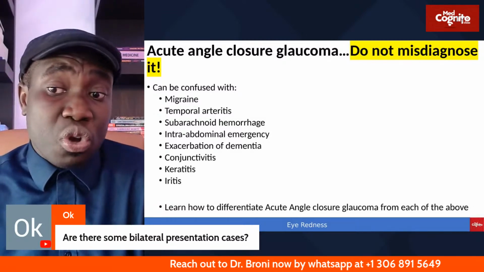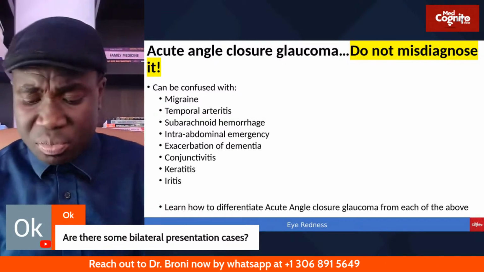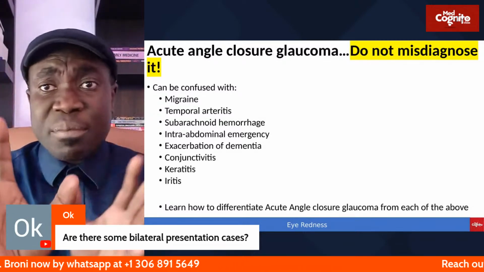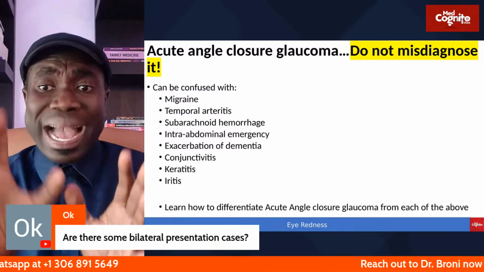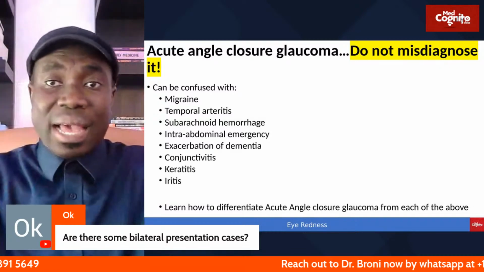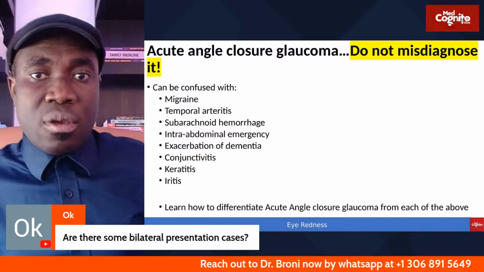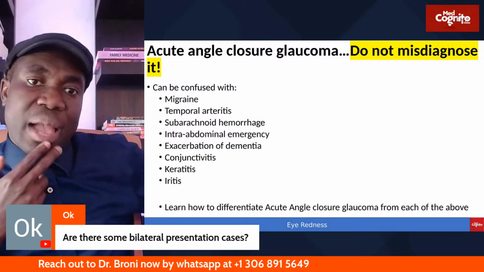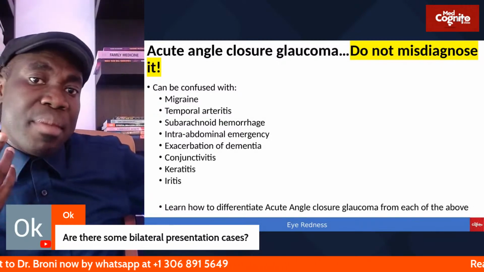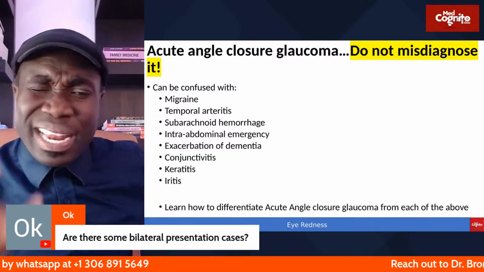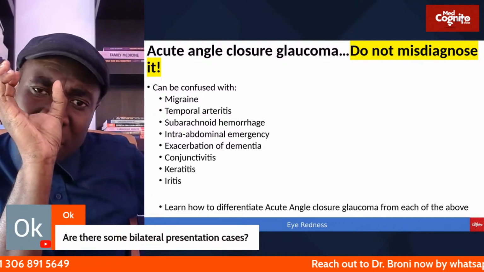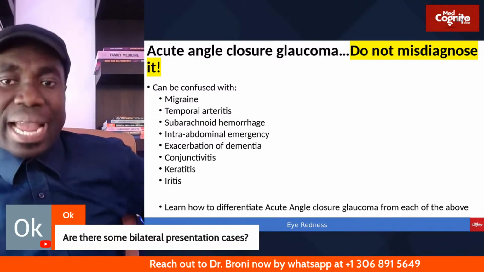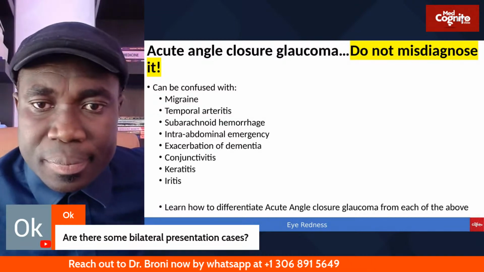That is something you need to know, because in your board exam, you can be given a question stem and you should be able to differentiate between acute angle closure glaucoma and these other presentations. For example, acute angle closure glaucoma and maybe migraine headaches. You realize that in migraine headache, the pupil is not fixed. It is not mid-dilated, right? That kind of thing.